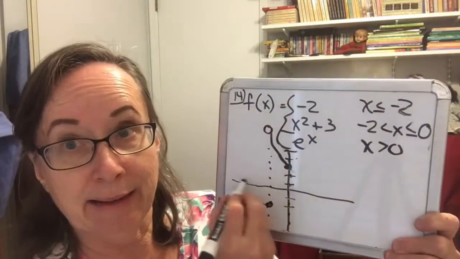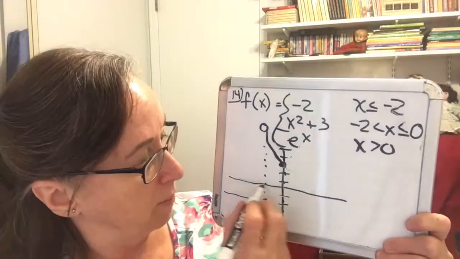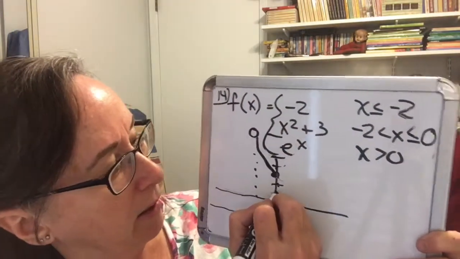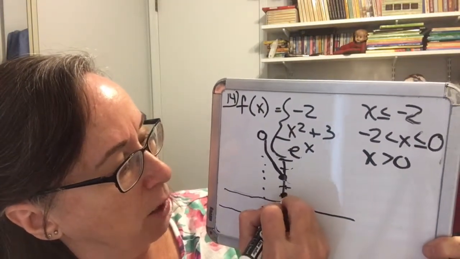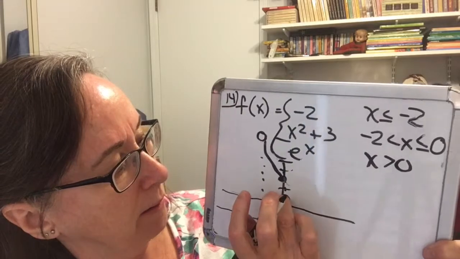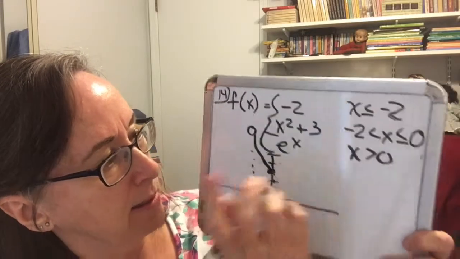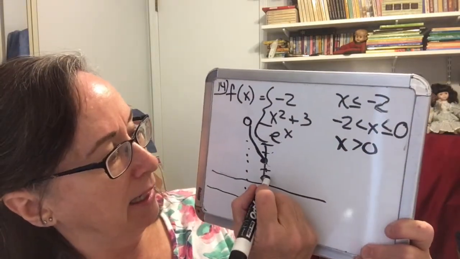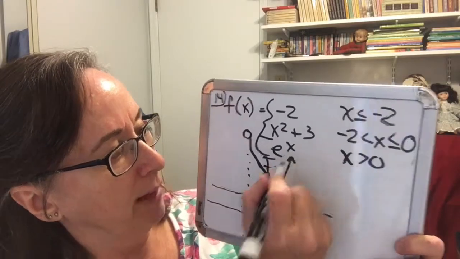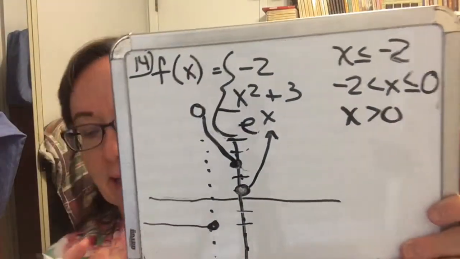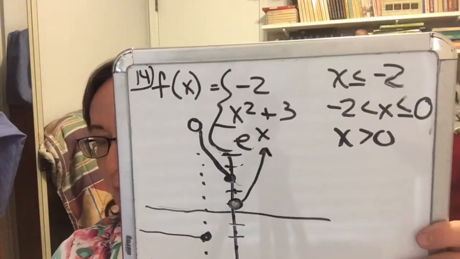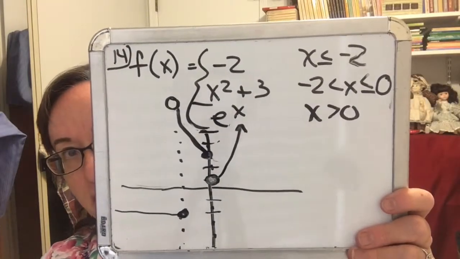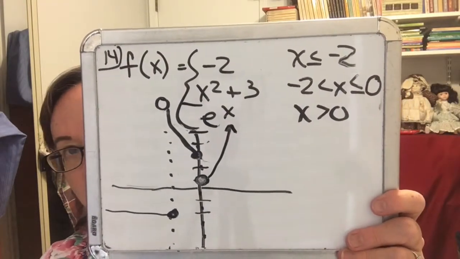But this part's not in there because this is somebody else's domain there. So we're going to start right here at 1. It's going to be an open circle on 1 because that's greater than. And then it's going to sweep up in that exponential curve, and that's what that one looks like. Okay, and again, I'm going to show you the much nicer picture in the book.